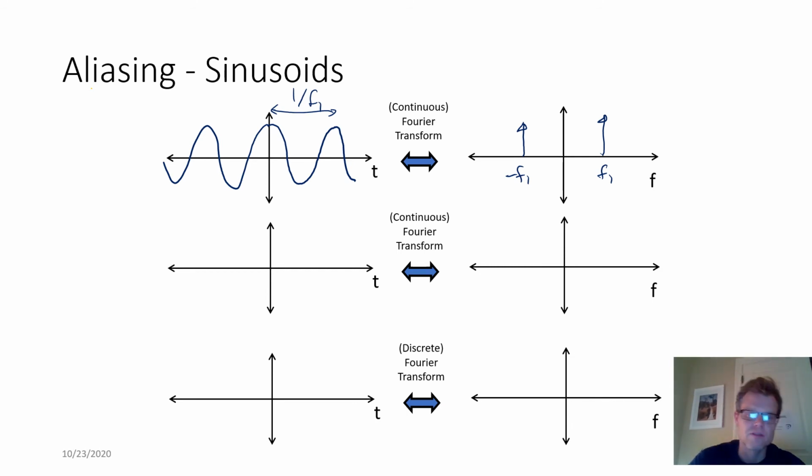And here I'm going to make an even worse choice of the sampling interval. Let's say, well, what if I chose delta Ts to be equal to 1 over f1. And, well, this looks kind of funny when we see it, but we're going to get a sample here, sample here, sample here. So we're basically only hitting the peaks of this cosine function.